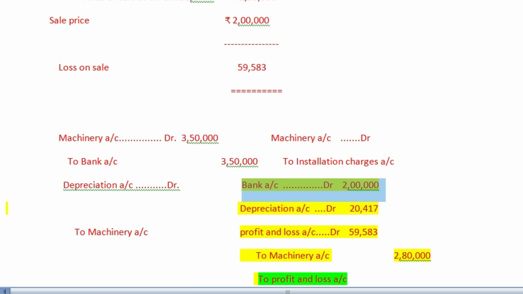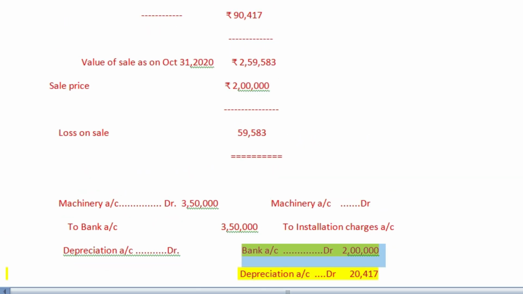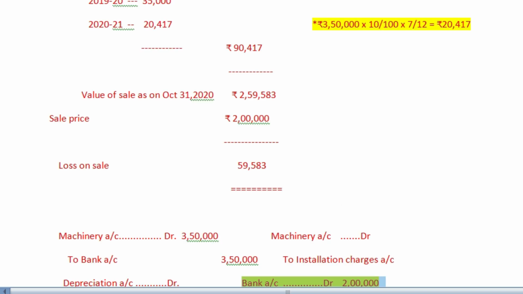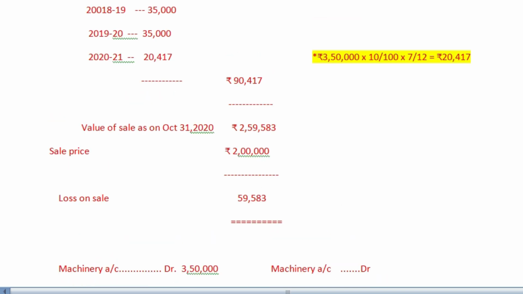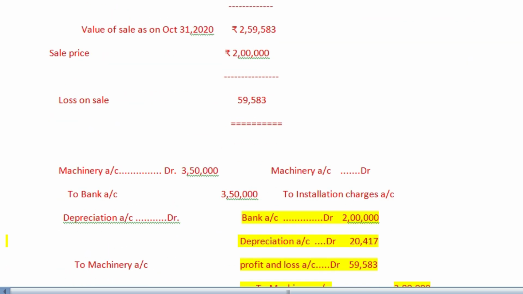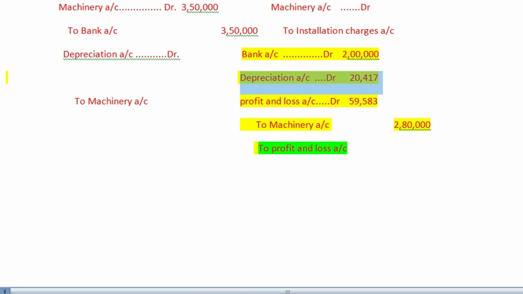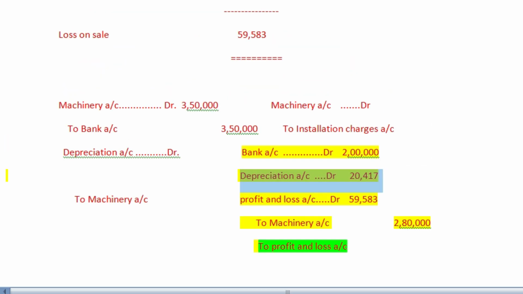Depreciation, this 20,000, just as I told you there, this is depreciation 20,417. Okay, depreciation 20,417 shall be debited, and the loss which I just showed you here, 59,583, and this is the credit to machinery account. This is the journal entry.